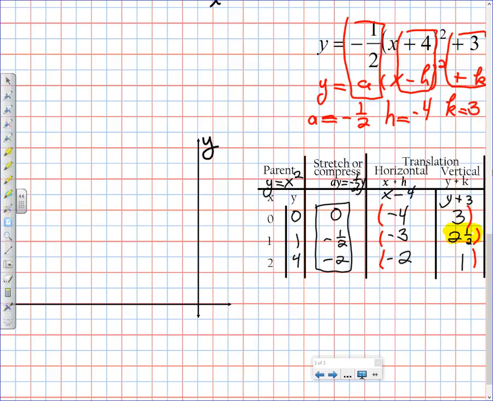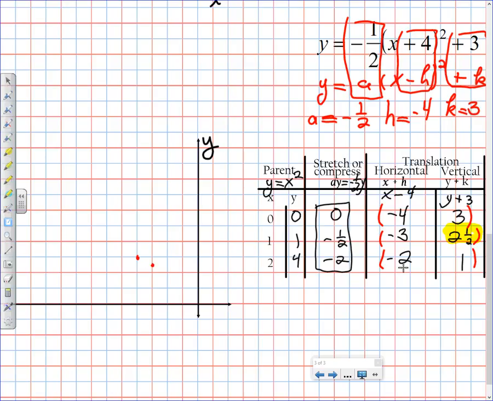Okay, so now to go ahead and graph it, x is negative 4 and y is 3. 1, 2, 3, 4, 1, 2, 3. Next point, negative 3, 2 and a half. Negative 3, 1, 2, 3, 2 and a half, 1, 2 and a half will be right about the middle.